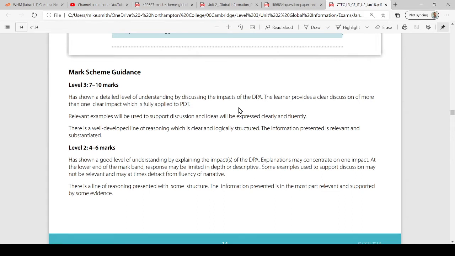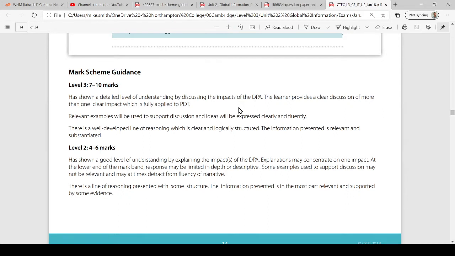You understand what the impacts of not maybe following the Data Protection Act or just having the Data Protection Act in place, what the impact is on this organization. There is a clear, structured, sensible, relevant discussion of more than one impact, and it is fully applied to the case study and to the organization within the case study.